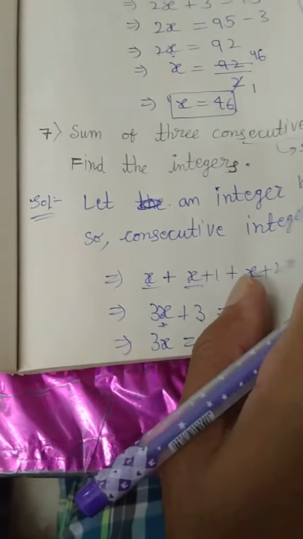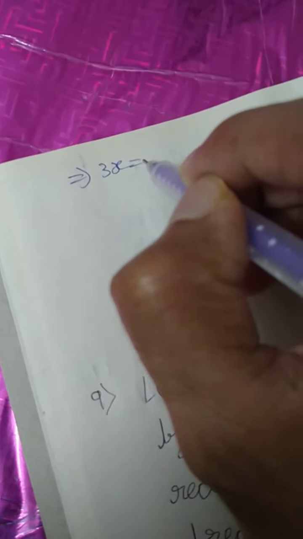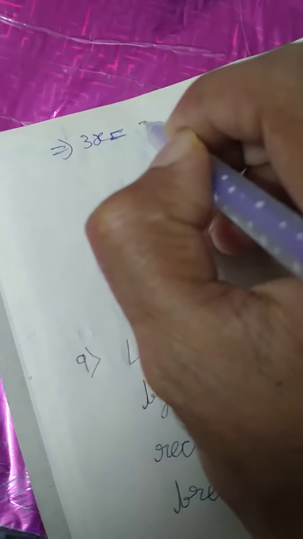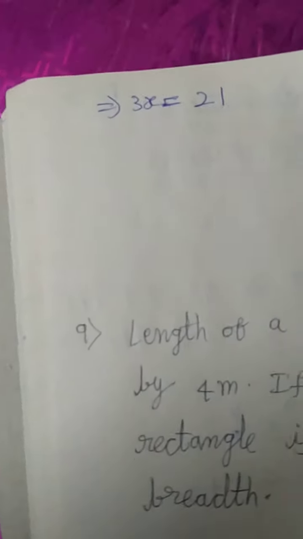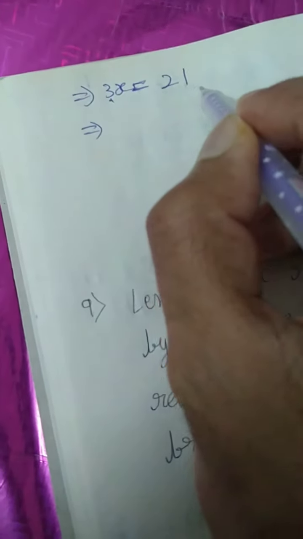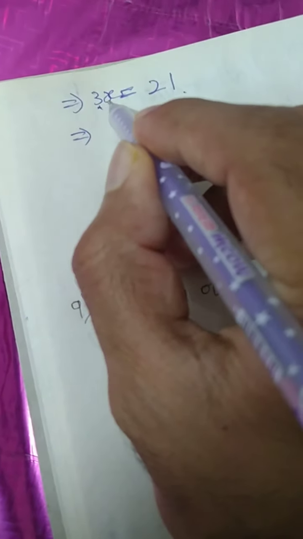So 3x is equal to 24 minus 3. What is 24 minus 3? 24 minus 3 is 21. Now we have to transpose this 3 to the other side. Here 3 is multiplying with x.